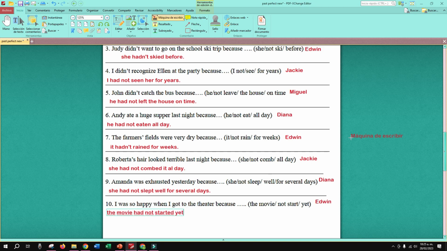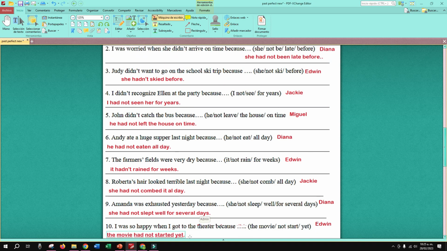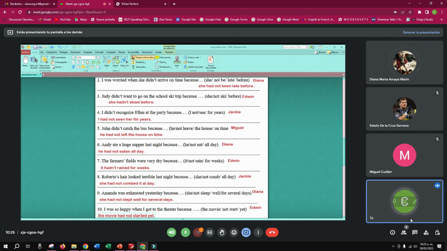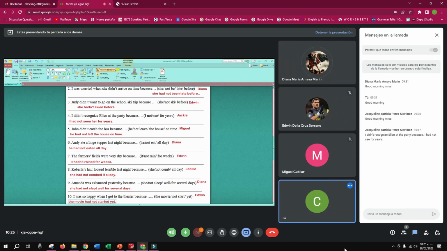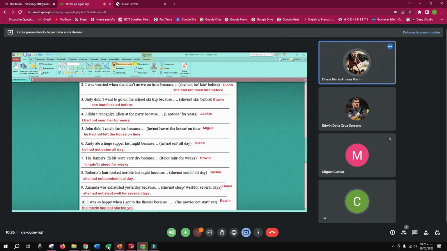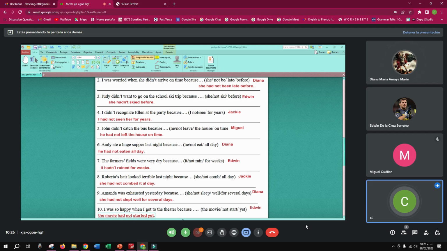Started yet. I was so happy when I got to the theater because the movie had not started yet. Okay, excellent. I don't know if you have questions about it. No questions at all?